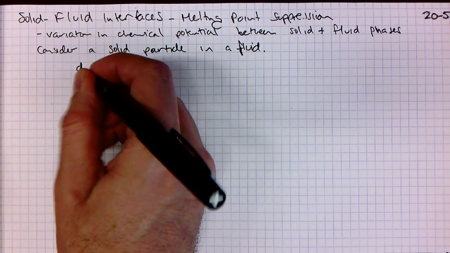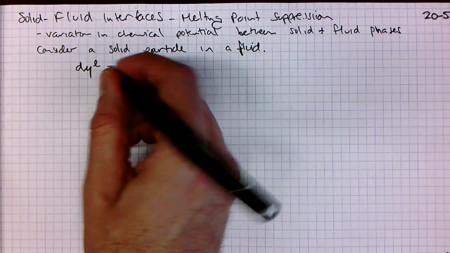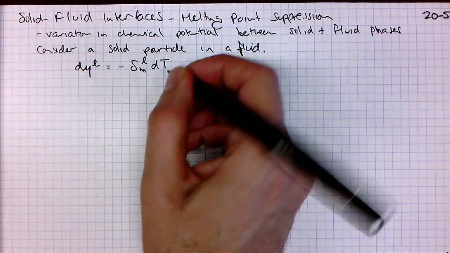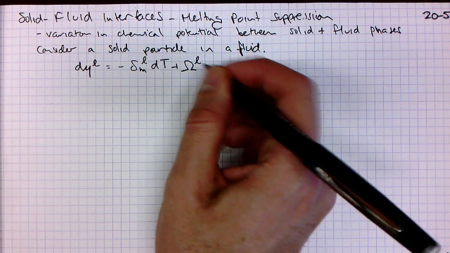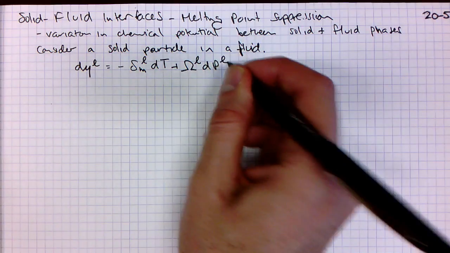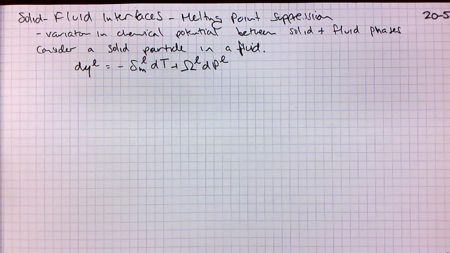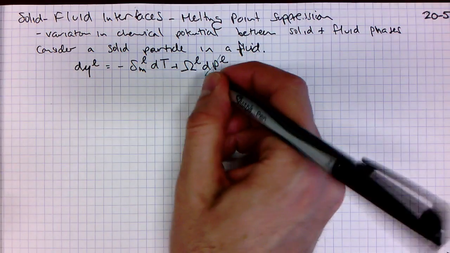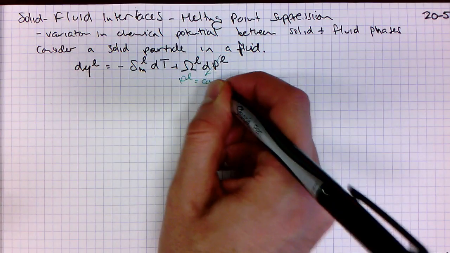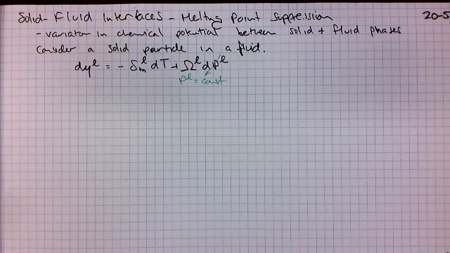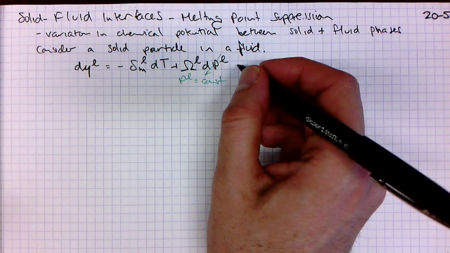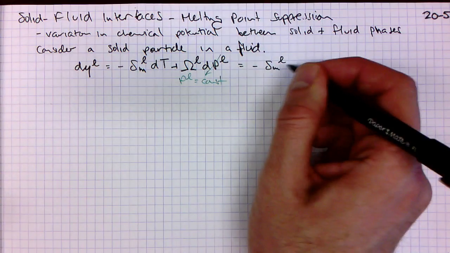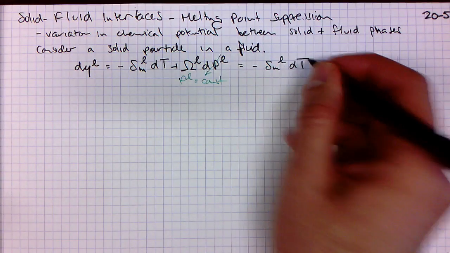The variation of the chemical potential of the liquid would be equal to minus the molar entropy of the liquid dT, plus the molar volume of the liquid dP. But the pressure of the liquid is constant. So let's consider that P_L is constant, not affected by the interface. It's just affected by the external pressure, which is fixed.